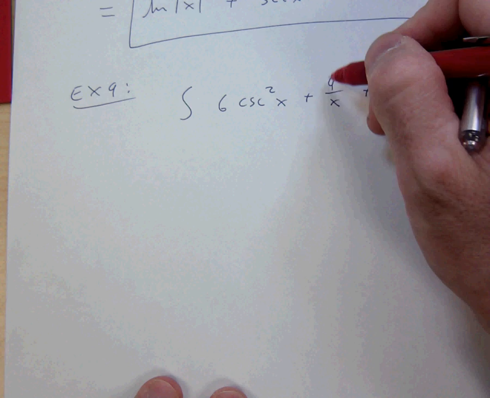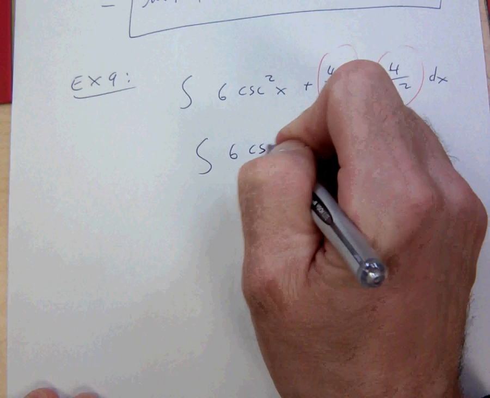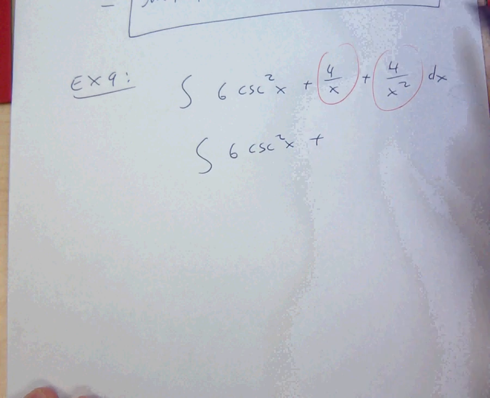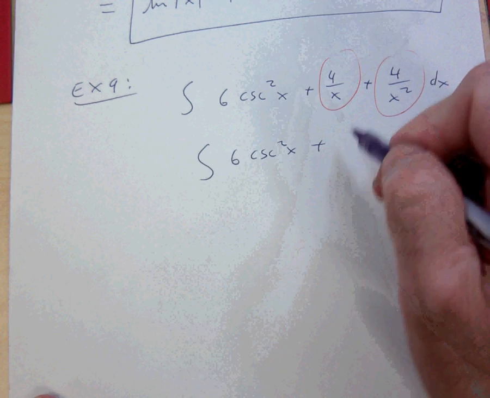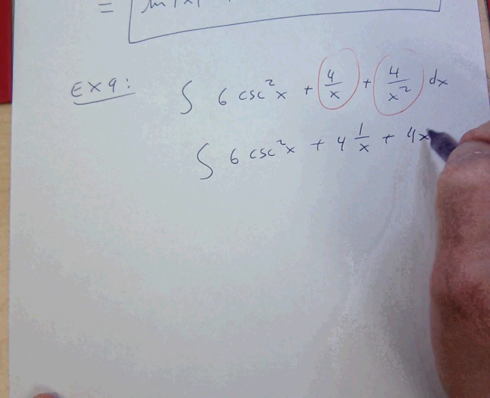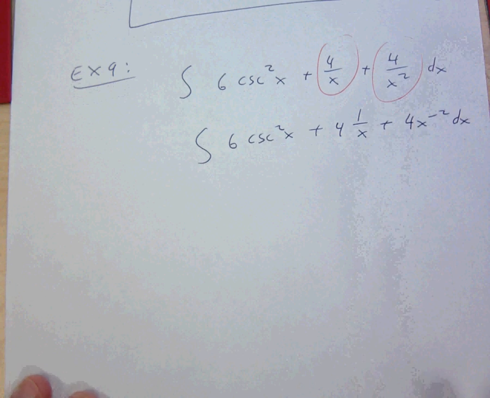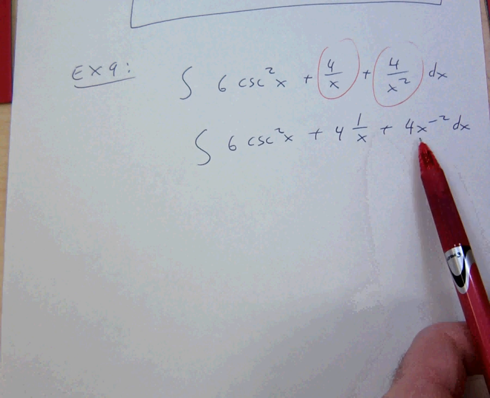So what I'm going to do is rewrite those using algebra 1 like I showed you earlier in the hour. By the way, I'm going to rewrite it actually like that. Okay. And notice how I kind of left this one as 1 over x, but I changed this one to x to the negative 2.